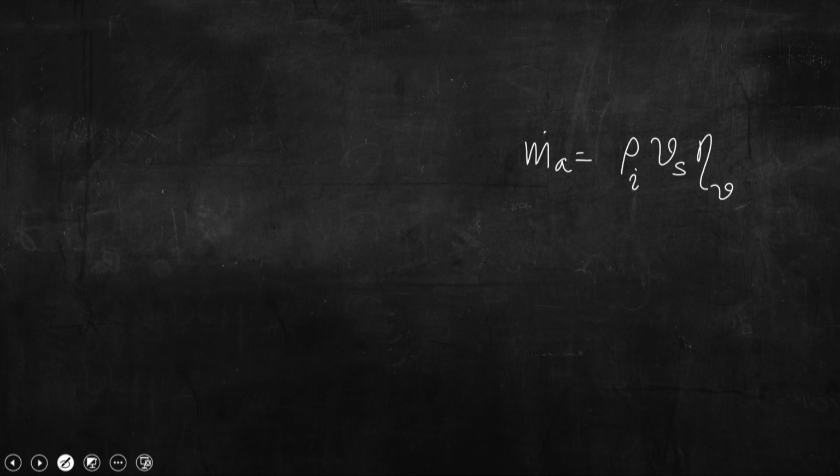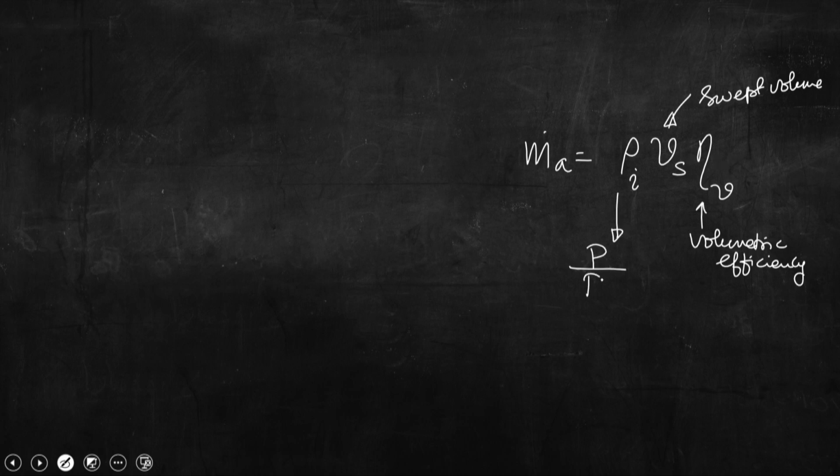Here rho_i is the density of the air which will be drawn into the engine cylinder, and this is the volumetric efficiency, and this is the swept volume, and rho_i is essentially P_i by R T_i.